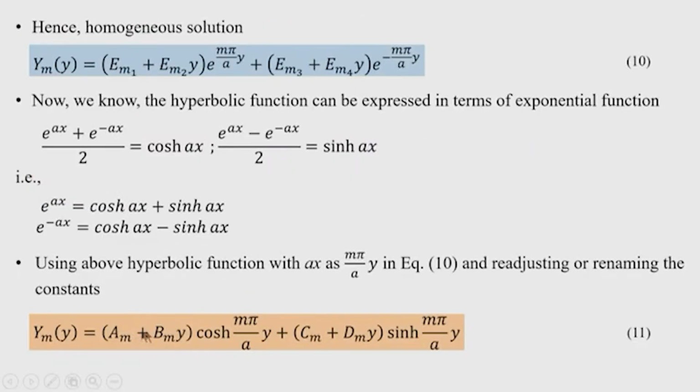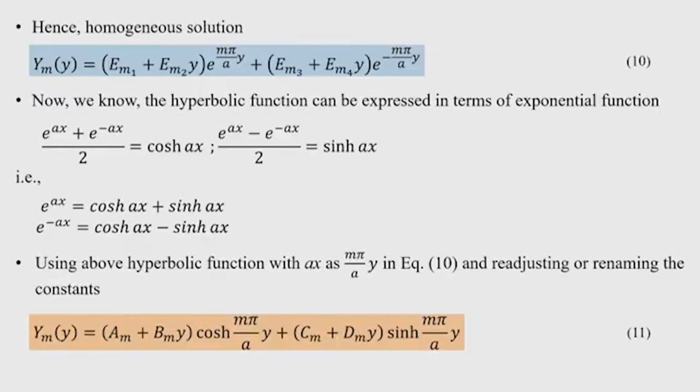W(x, y) homogeneous solution. Here you can see that when this cos hyperbolic m pi y by a is multiplied by A m, then cos hyperbolic m pi y by a is a symmetric term, and sin hyperbolic m pi y by a is an antisymmetric term. But when an antisymmetric term is multiplied by another antisymmetric term, it will be a symmetric term.